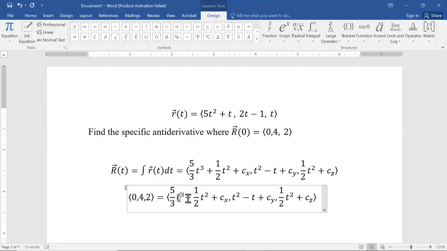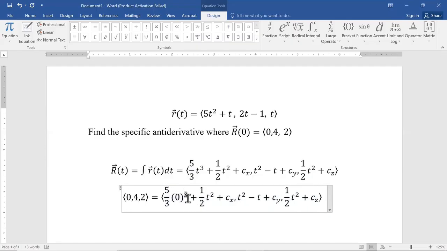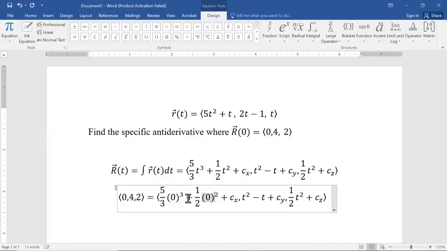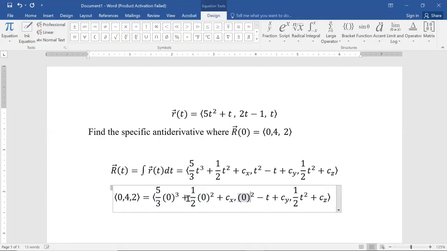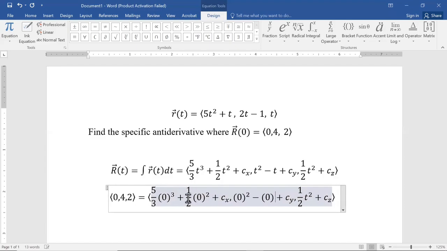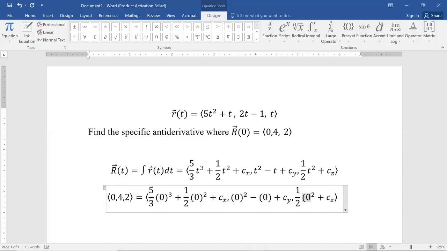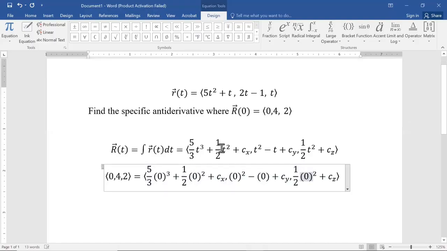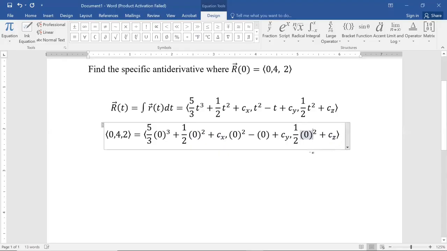So I'm going to plug in 0 into every t I can see. And then obviously we can simplify.